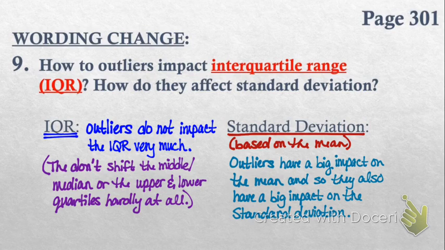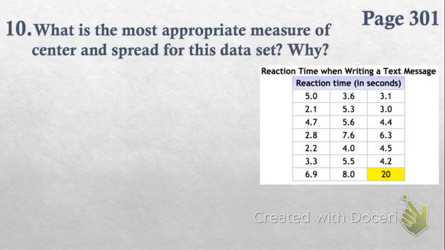So I want to look at this data set that we had yesterday. Did this data set have an outlier? Yes. Which one is the outlier? 20 is our outlier.